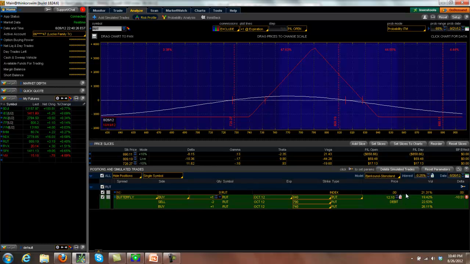I paid $12.10. I know some people paid $13, $14. Gives you a narrower range, gives you a delta theta ratio that's a little bit less favorable than normal, and you're going to have a decreased range to the upside. That's just the way that it is with the trade in very low volatility environments with the butterfly.